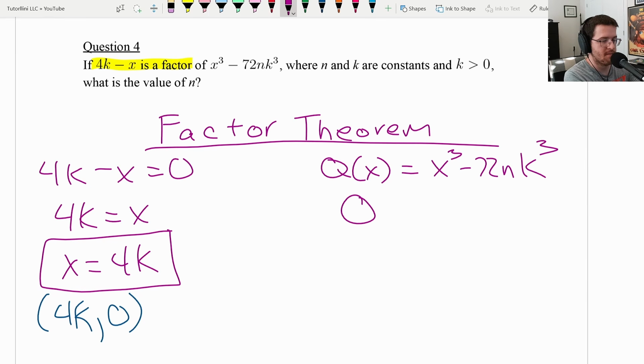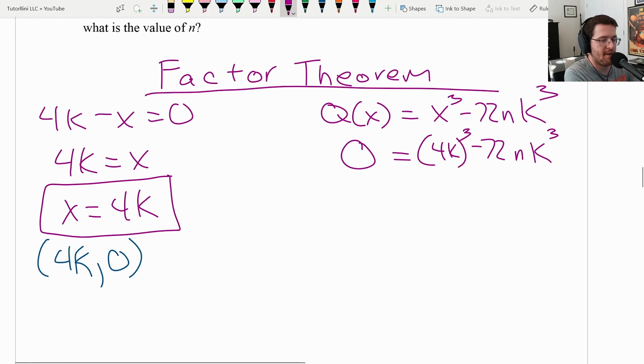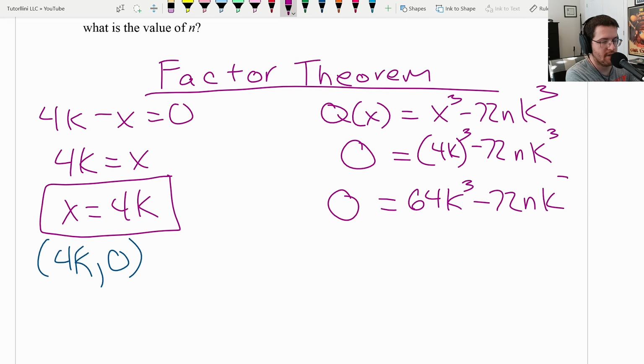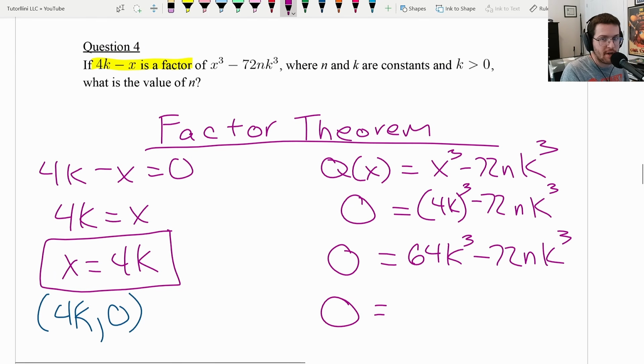So 0 equals 4k cubed minus 72 nk cubed. And let's see, 0 equals 4 cubed is 64. K to the power of 3 is just k to the power of 3. Now to solve this, we are going to factor using a greatest common factor. That's the first thing you should do whenever you see a factoring question.